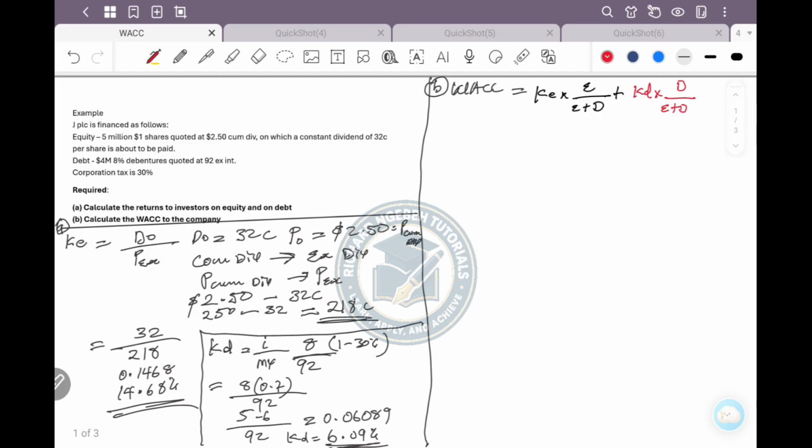Now, in calculating this, you need KE. What's your KE? It's already 14.68%. What is your KD? KD here you have 6.09%. But you need the weight of debt, you need the weight of equity.